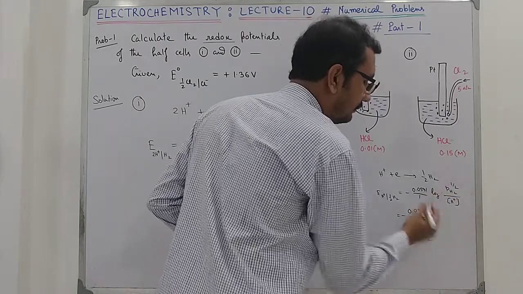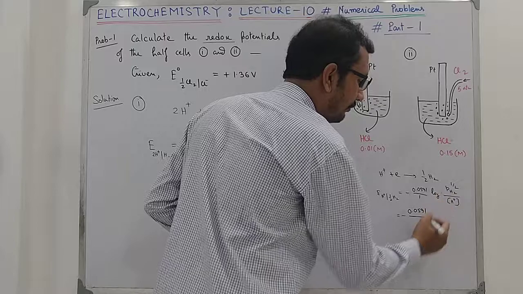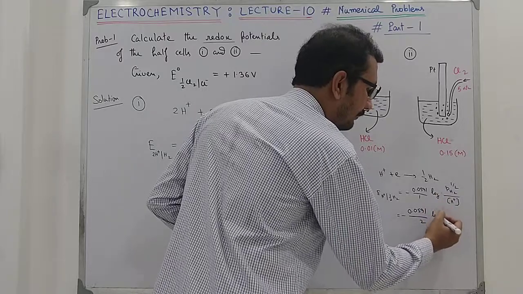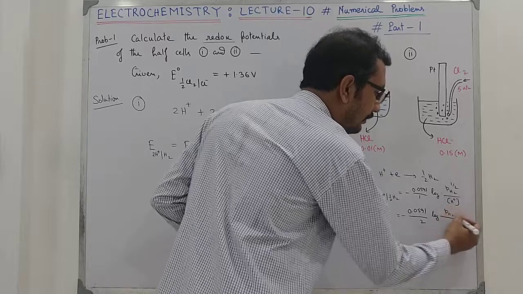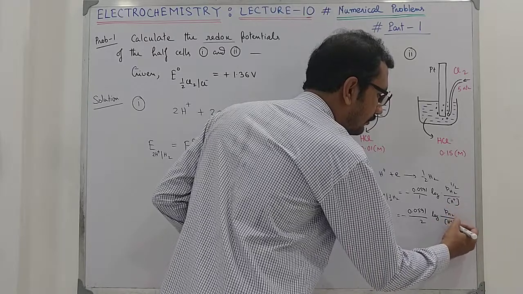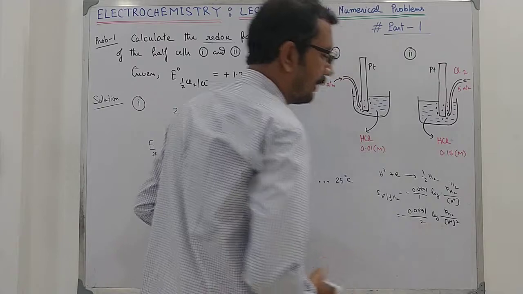I am taking it within the parenthesis of the logarithm, so it enters as a square, giving pH2 to the power half squared, so it will be pH2 and H plus concentration squared.